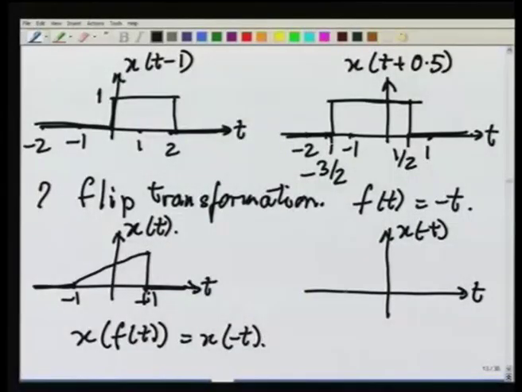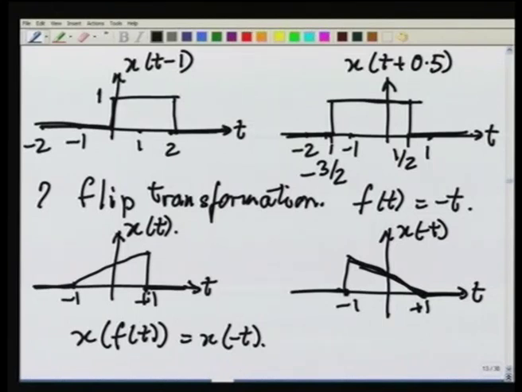Essentially, then we get the following curve: minus 1, plus 1, the function is all 0 up to here, it goes up and falls in a linear manner to this place. This is what happens with x of minus t.